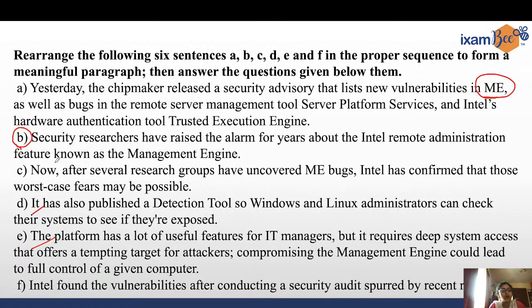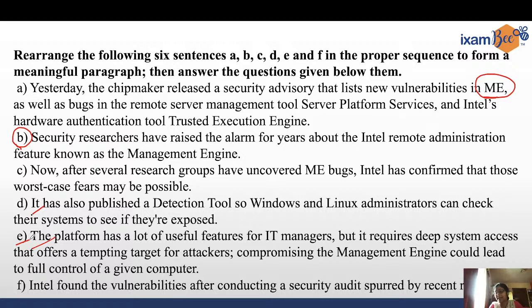"The platform has a lot of useful features for IT managers." So we are getting to know more about the platform. E is telling us more about the platform, so E is your second sentence. "But it requires deep system access that offers a tempting target for attackers. Compromising the management engine could lead to full control of a given computer."